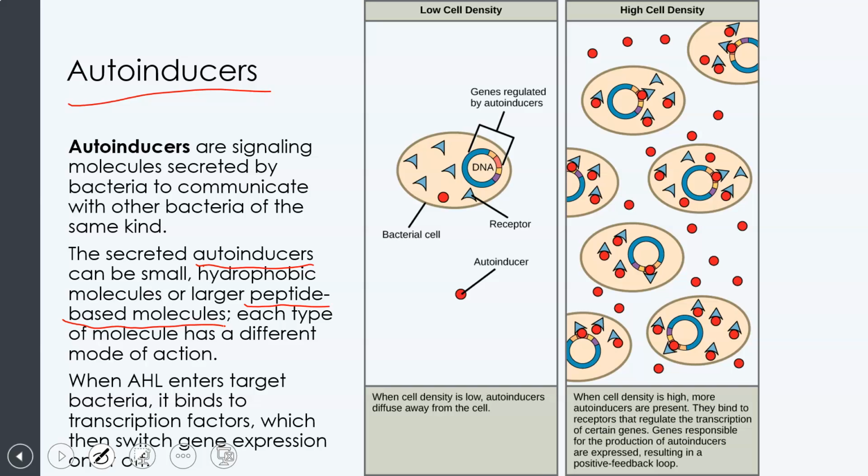When AHL enters target bacteria, it binds to transcription factors, which then switch gene expression on.